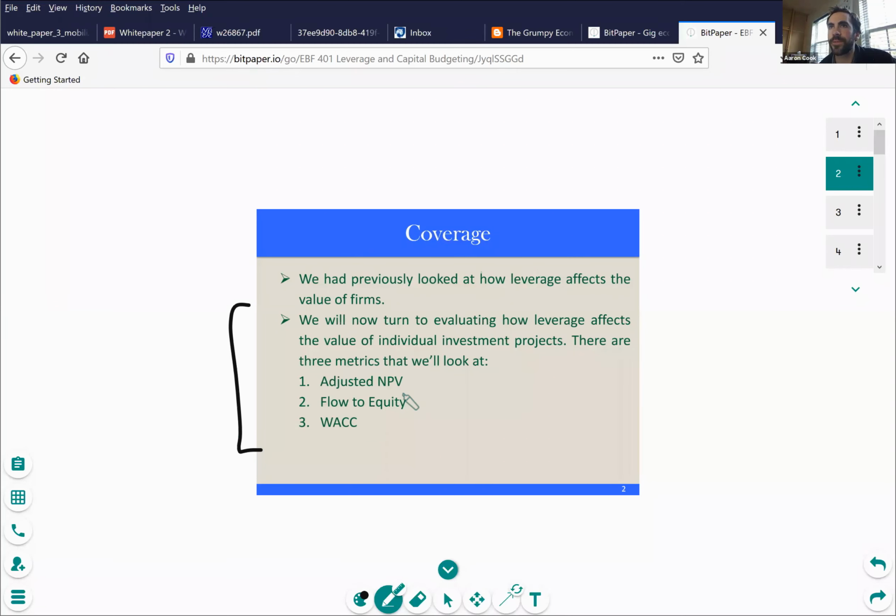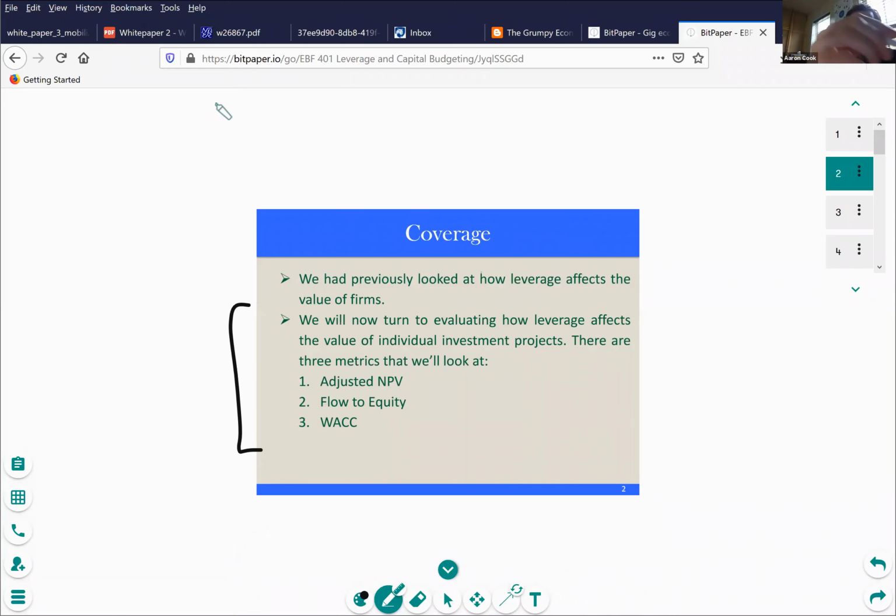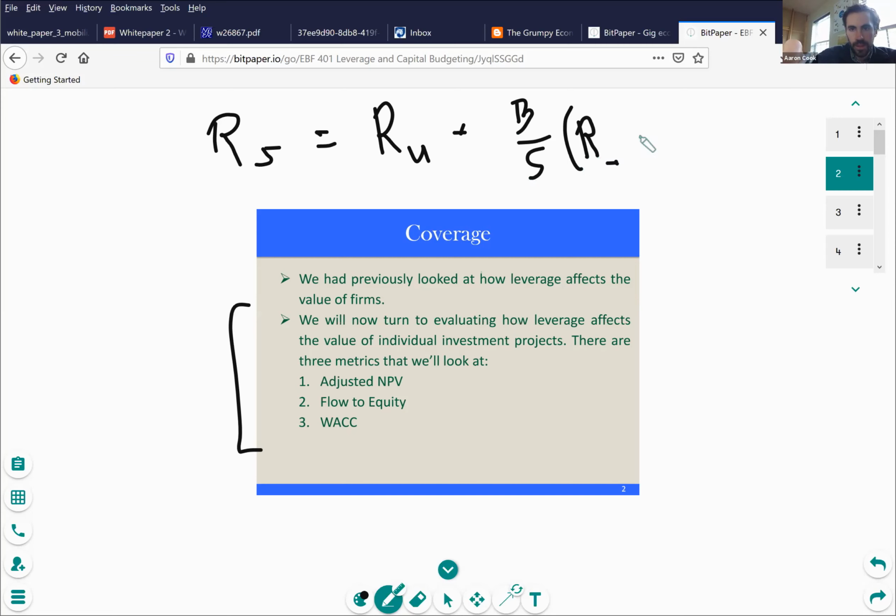You just consider what the cash flows to equity are, and then you discount those according to the cost of equity capital, which under Modigliani and Miller Proposition 2 with taxes is a function of the unlevered cost of equity, the debt to equity ratio, the difference between the cost of equity and the cost of debt, and the tax rate.